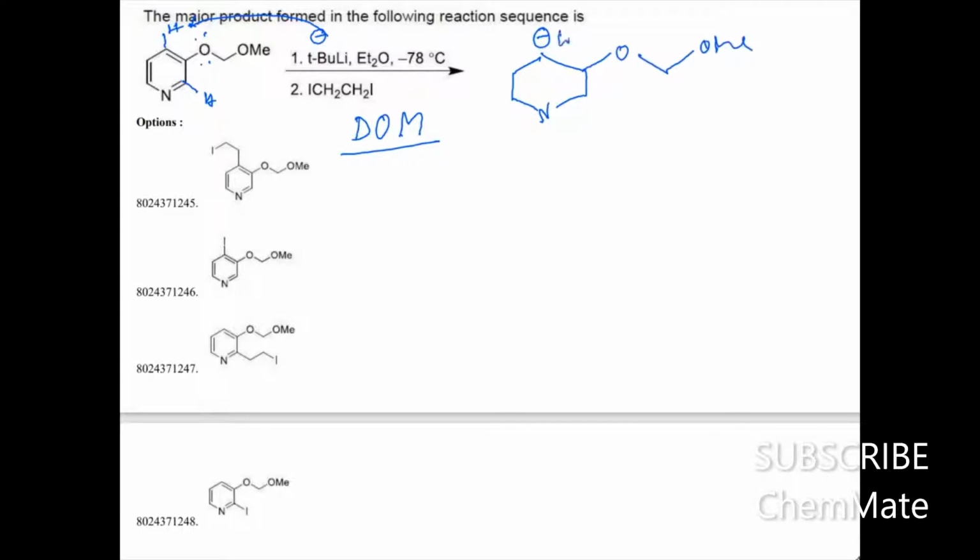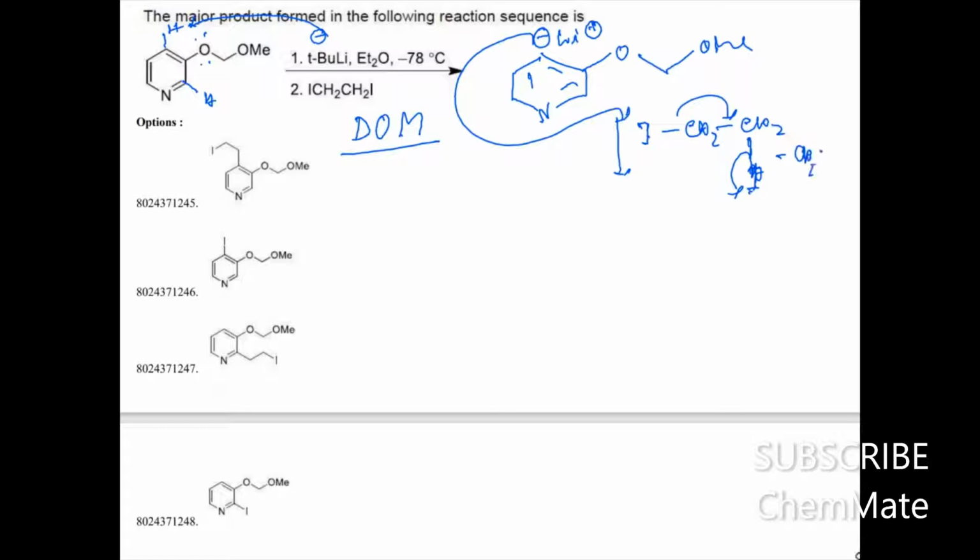and after that ICH2I, one iodine will be taken, minus CH2=CH2 minus I minus.